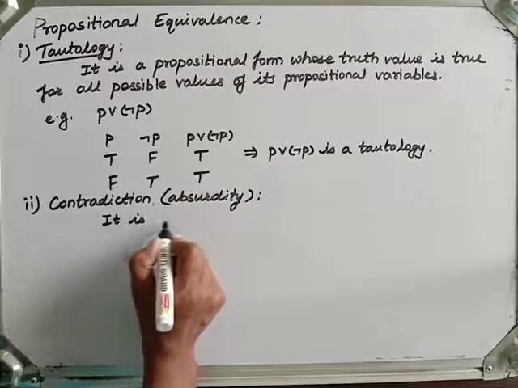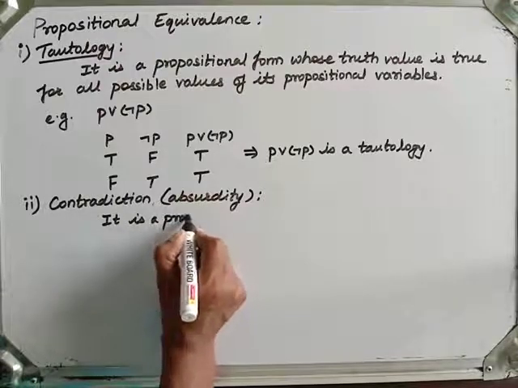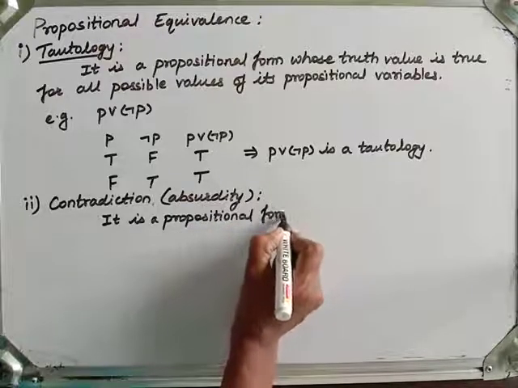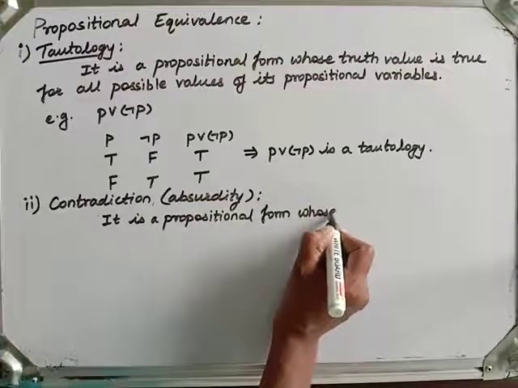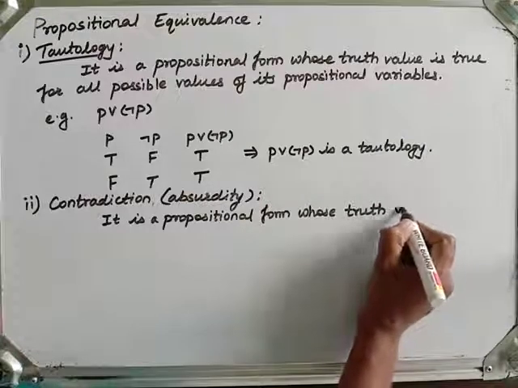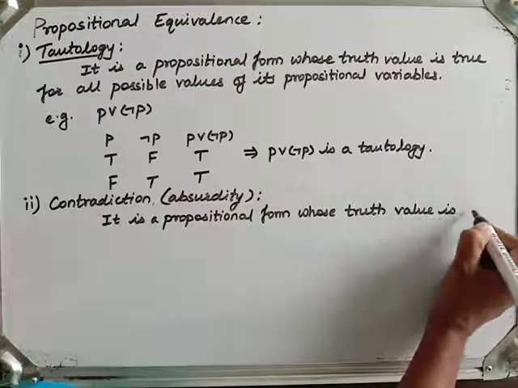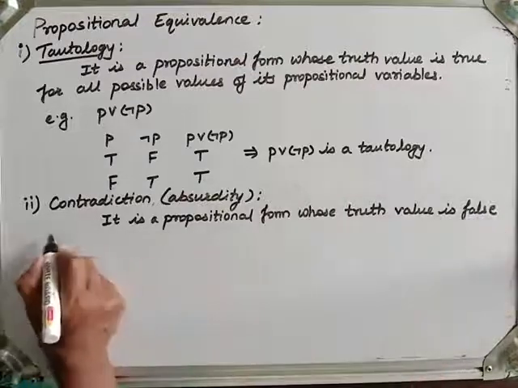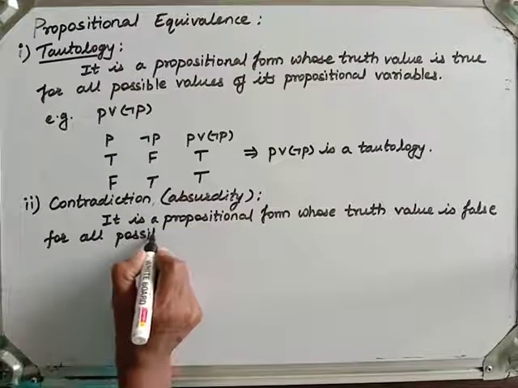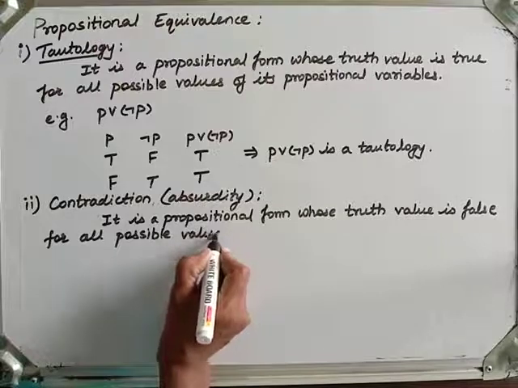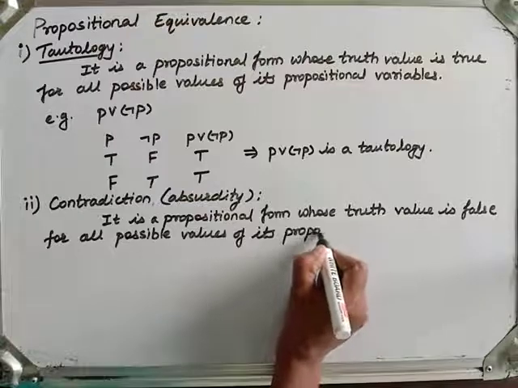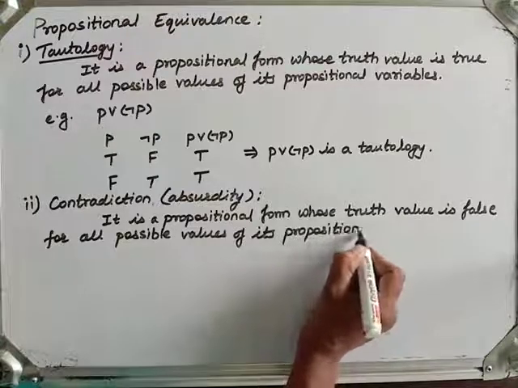It is a propositional form whose truth value is false for all possible values of its propositional variables.